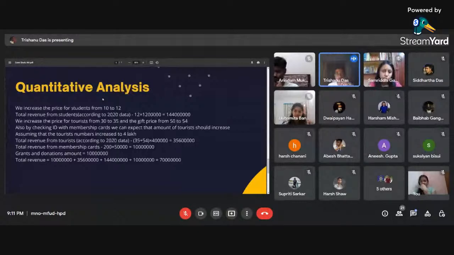We multiplied it with the total number of students from the 2020 data. We have also increased the price of the tickets for the tourists from 3 to 35 and the gift price from 50 to 54, for a total amount of 89.